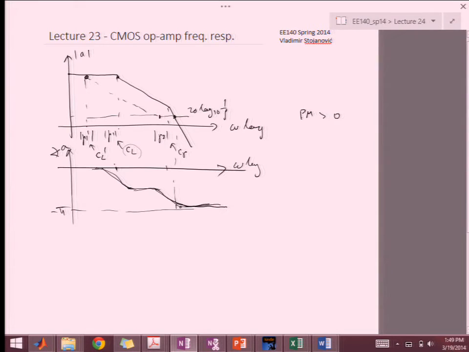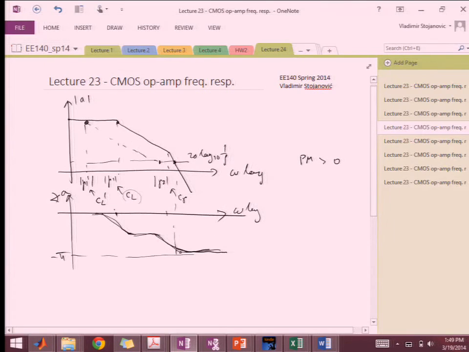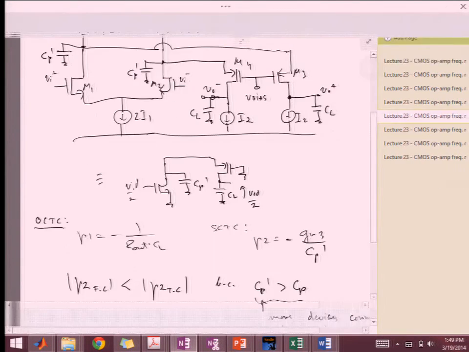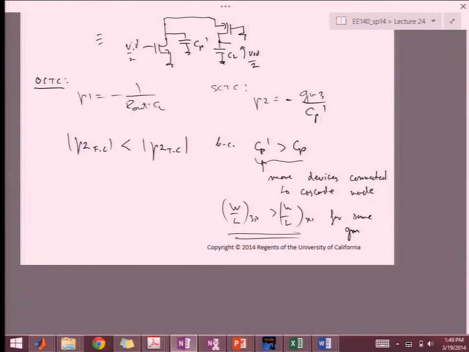So if P2 is lower in one design versus another, then your unity gain will be lower in folded than the telescopic, because P2 is lower. So your unity gain is sort of tied to P2. So in folded cascode than telescopic cascode.